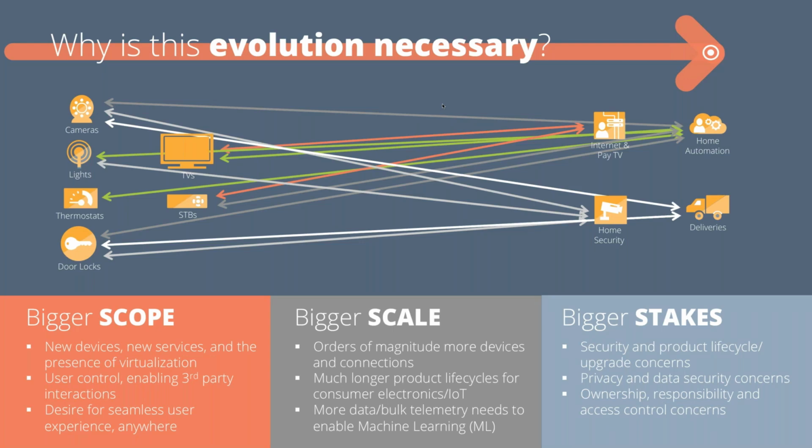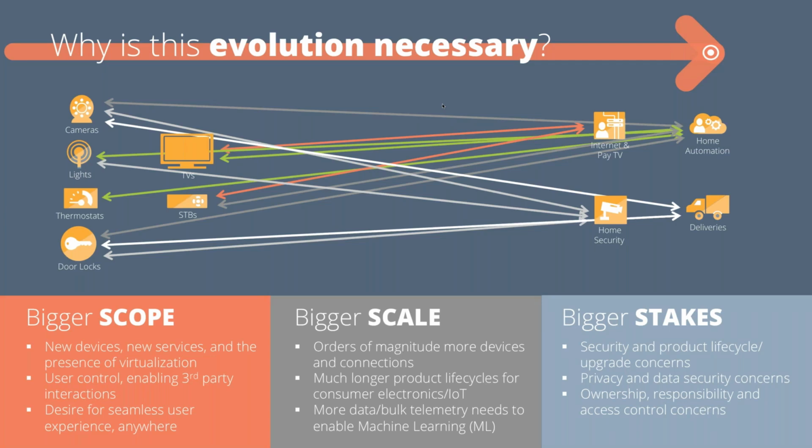There's now an order of magnitude or several orders of magnitude more devices and more connections surrounding the connected user. And consumer electronics that are now network aware are forced to commit to some longer product life cycles that they're not used to for upgradability. And this explosion really creates a problem where more telemetry is needed, but also an opportunity for it to be used to fuel really advanced AI and machine learning applications.